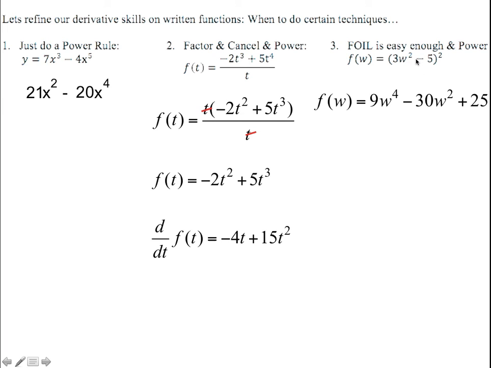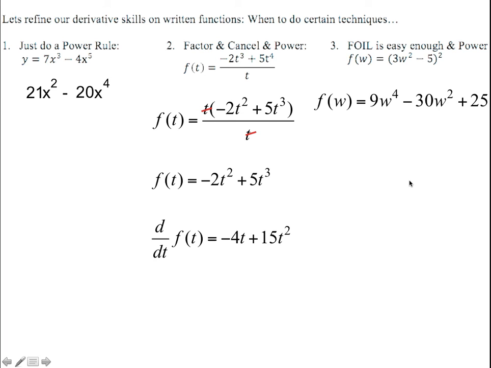So 3w squared minus 5 times 3w squared minus 5 is 9w to the 4th, minus 30w squared plus 25. And now I have a trinomial, right? 3 terms. Trinomial, and it's just polynomial in nature. It's just powers, so I can do the power rule.